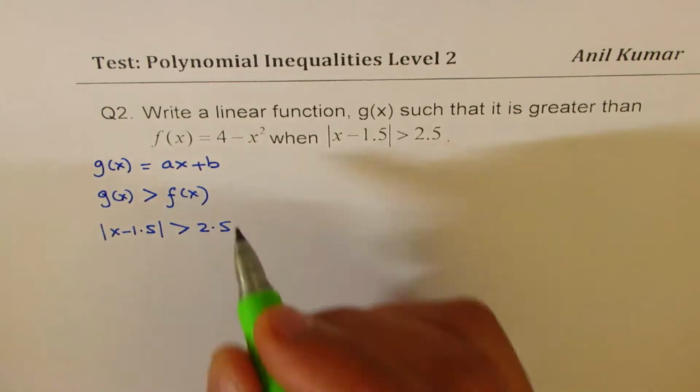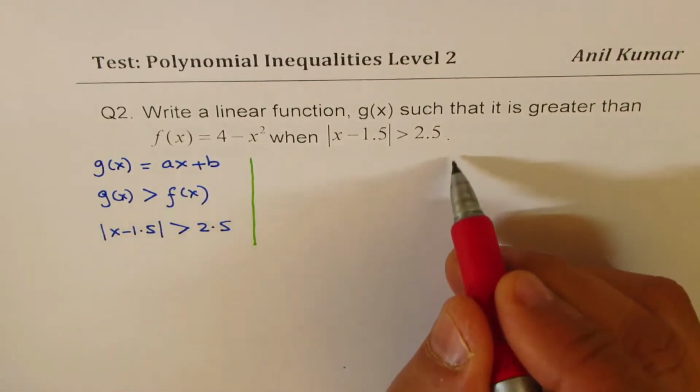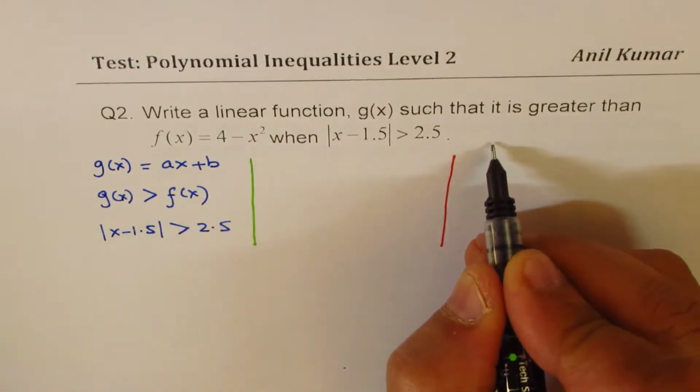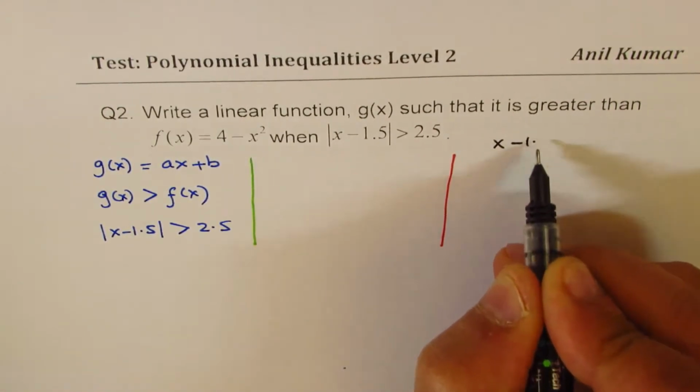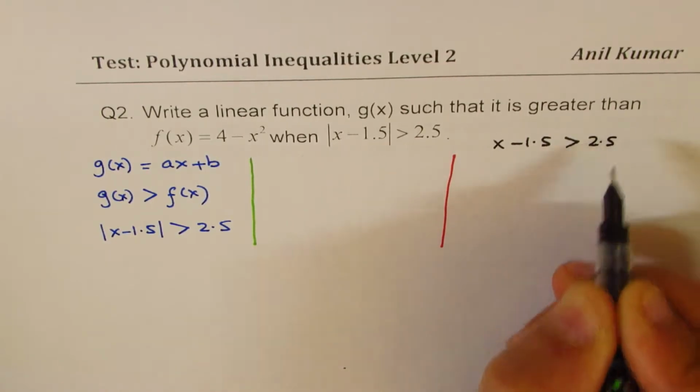Let me show you those two things here and then we'll get back to the question. Because an absolute function could be positive or negative, right? So algebraically, it means that x minus 1.5 is greater than 2.5.